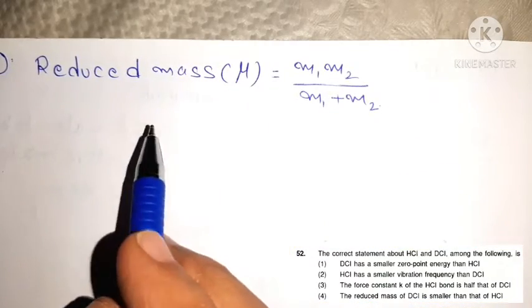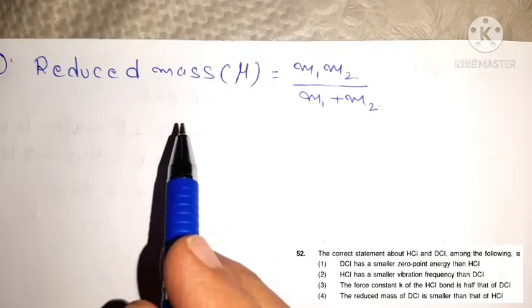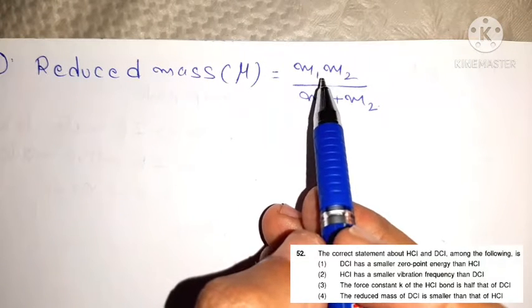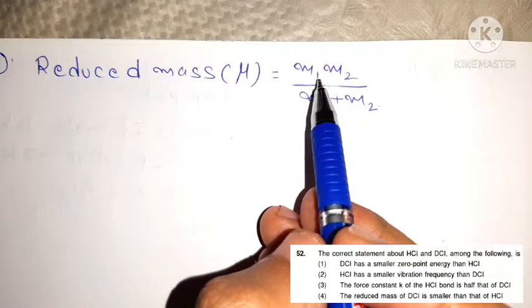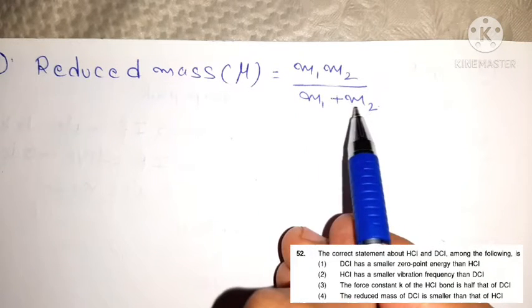This is a formula for finding reduced mass for any molecule. Okay, for example, when we must find the reduced mass of HCl, that means here the m1 should be the mass of hydrogen atom, the m2 should be the mass of chlorine atom, and here m1 plus m2.